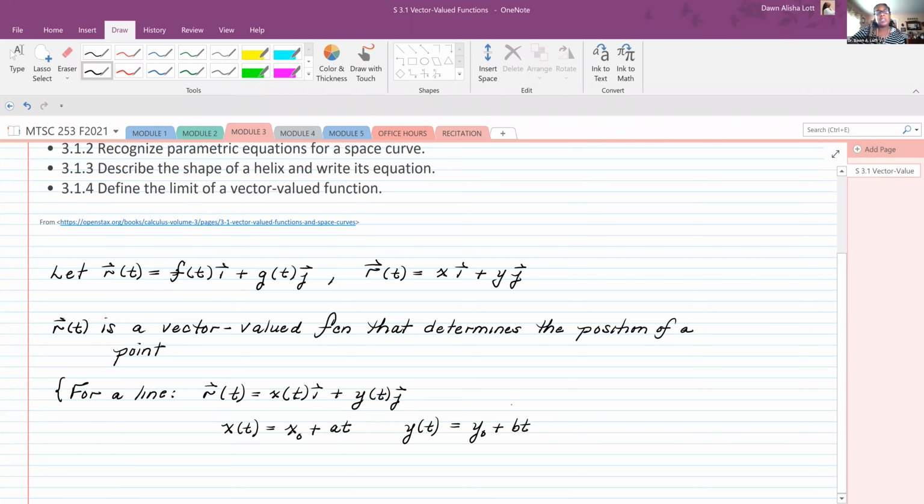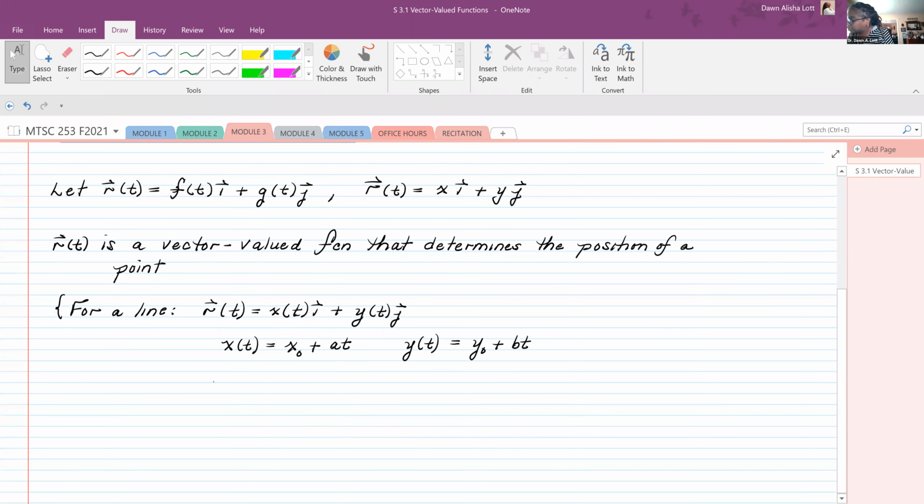That was in 2 dimensions, we defined a line. And for this line, the initial point P naught was x naught, y naught, and it had a direction vector v that was ai plus bj. So that's what we did for a line.